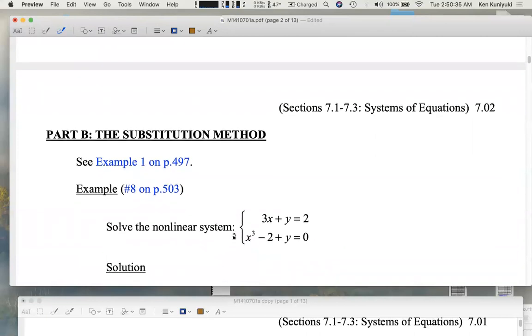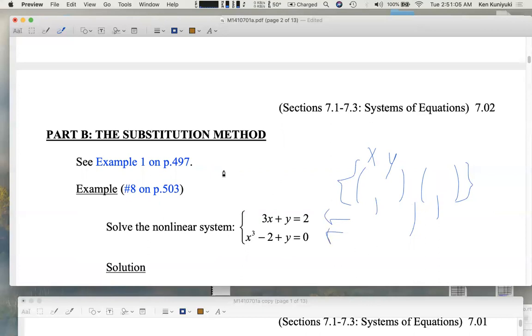So let's solve this nonlinear system. It's a nonlinear system because of this x cubed term in particular. But my answer to a solve a system problem will be a solution set, which will consist of one or more ordered pairs of the form x, comma, y. There could be more than one solution here, more than one ordered pair that will satisfy or solve both equations.